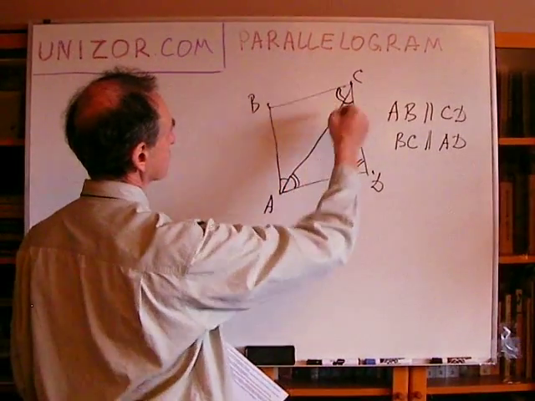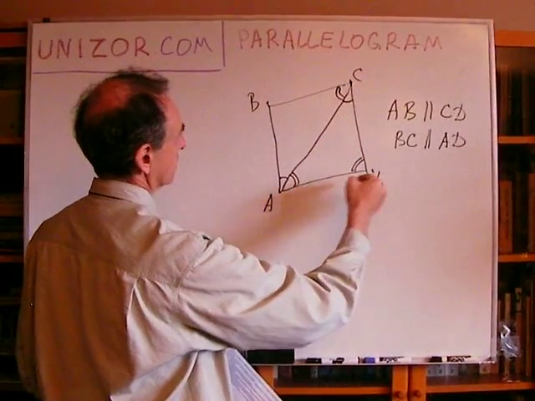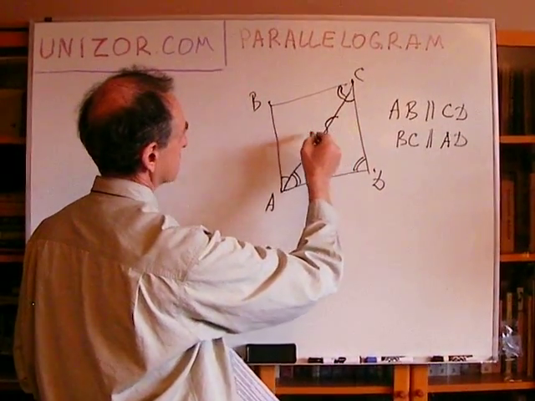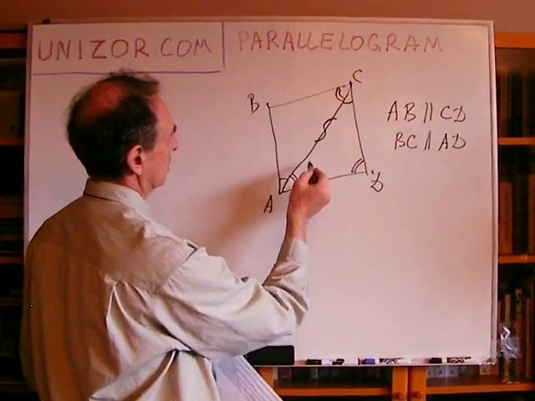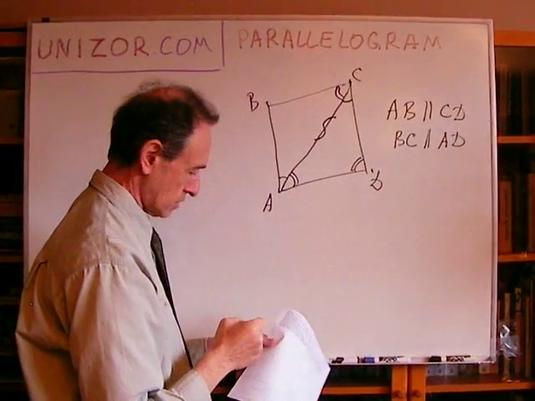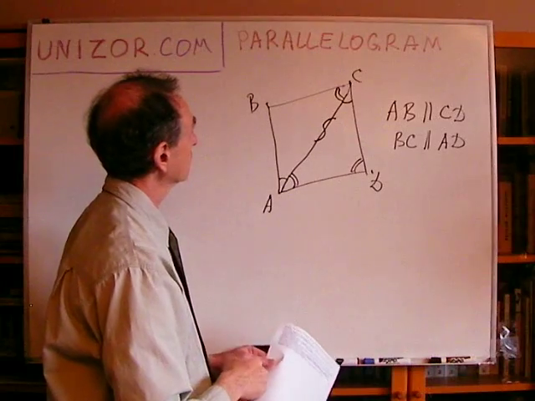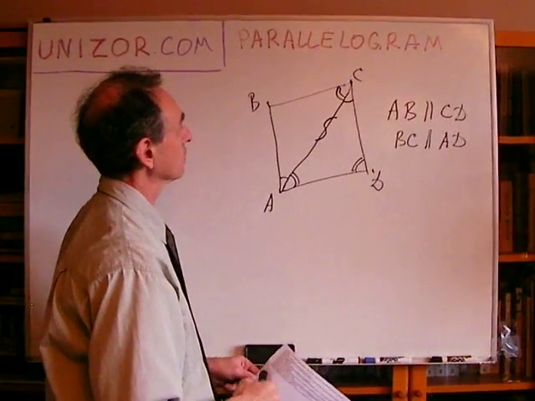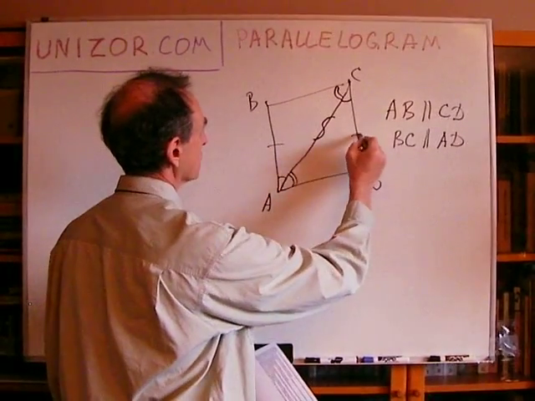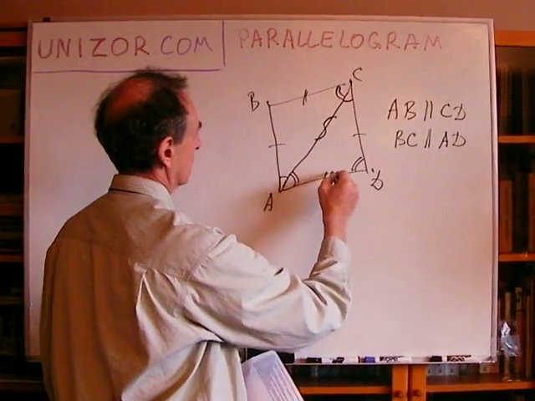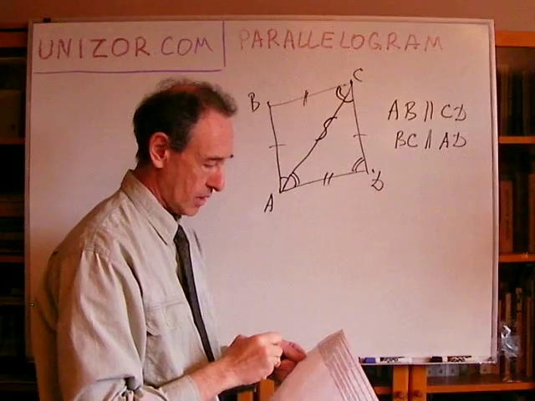Now, in these two triangles, you have one side common, and two adjacent angles are congruent to corresponding angles of another triangle. That's why triangles are congruent, and that's why corresponding sides are congruent as well.